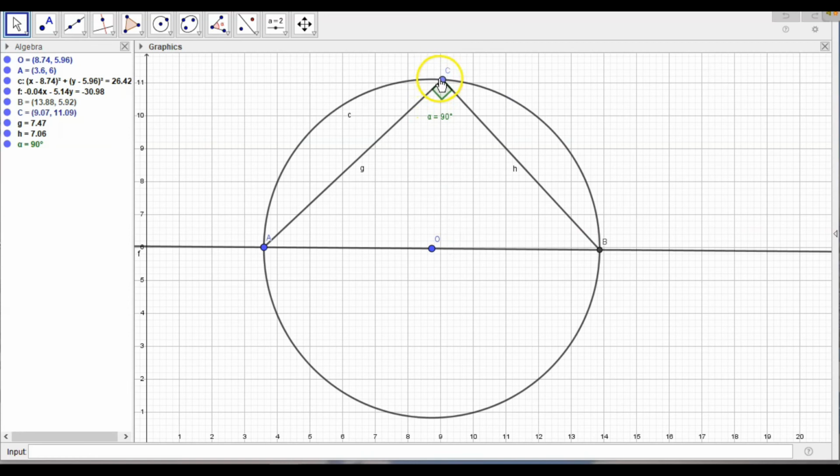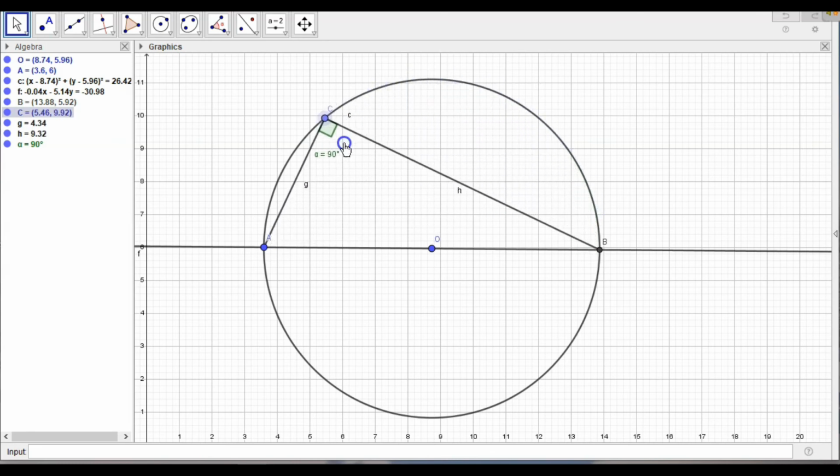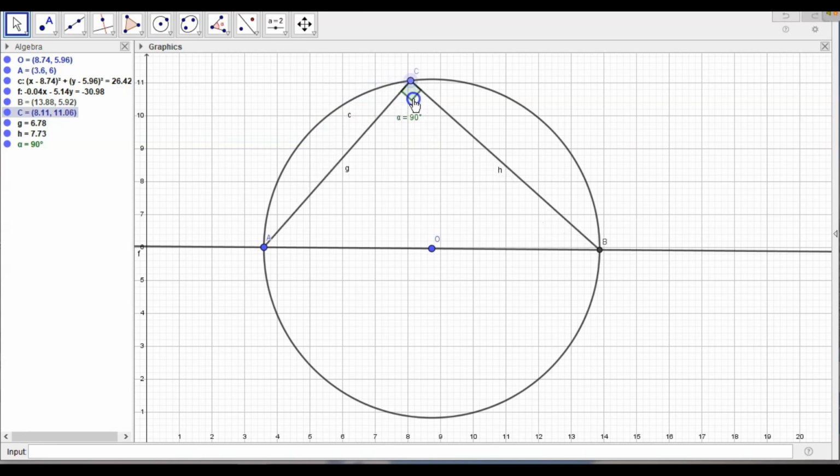I can move the point C from its current location to any other position on the circumference of the circle, and you realize that it's still giving me an angle of 90 degrees, which is the angle alpha shown in the diagram. It doesn't change.